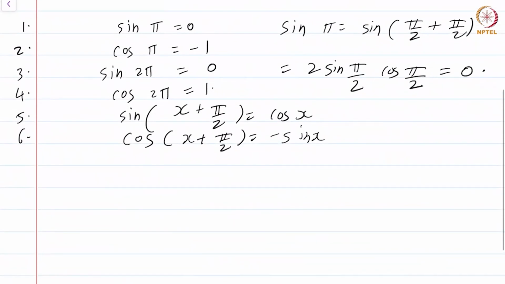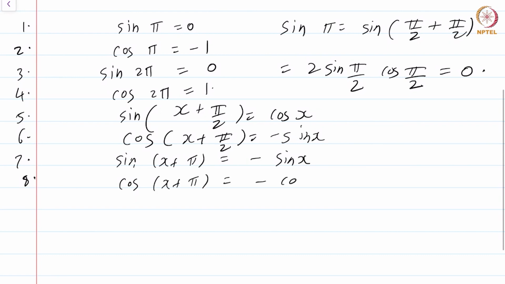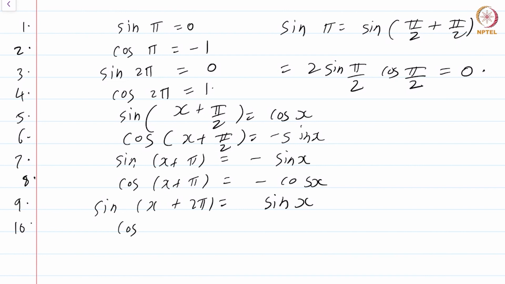We have sine of x plus pi is minus sine x. We have cos of x plus pi is minus cos x, and we have sine of x plus 2 pi is equal to sine x, and finally we have cos of x plus 2 pi is equal to cos x.